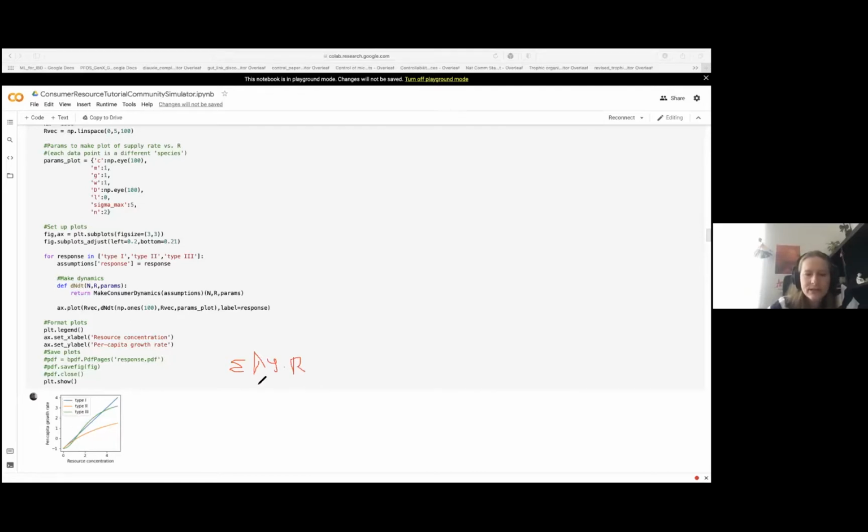Type 2 takes into account carrying capacity, so it is of the form divided by some capacity plus R here for each resource.